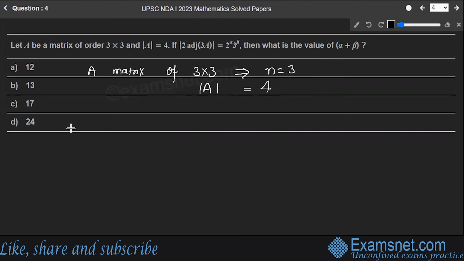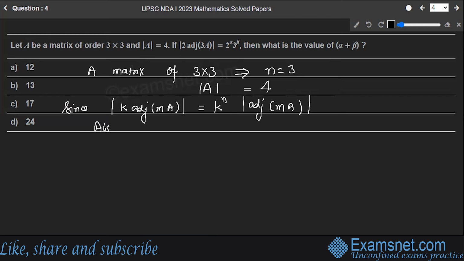Now you know one thing, since determinant of K into adjoint of MA is equal to K raised to power n, determinant of adjoint of MA, where you know n is the order of the matrix.